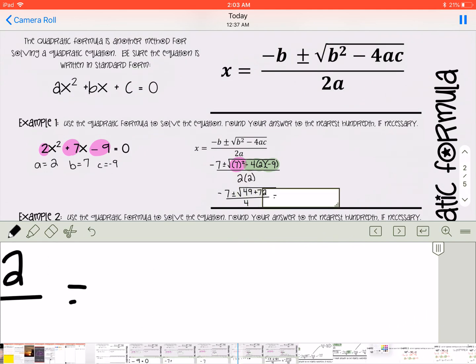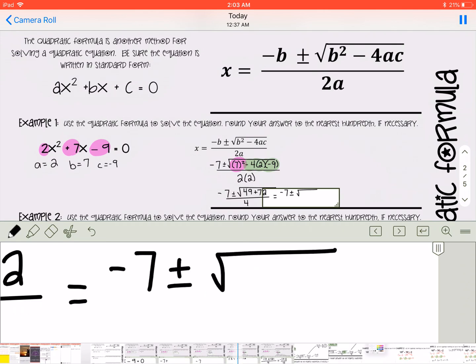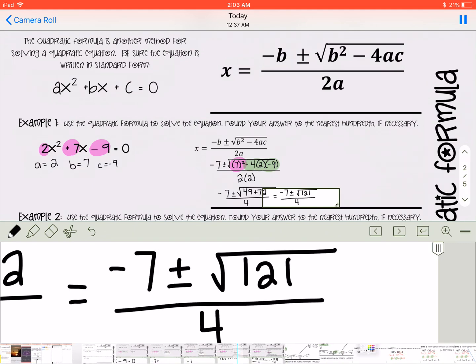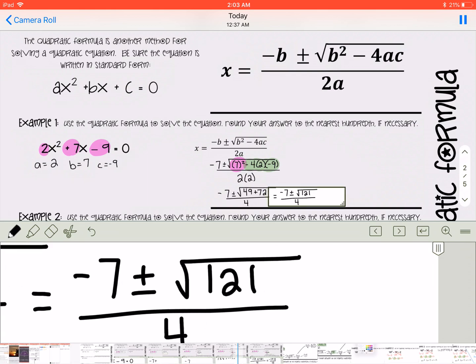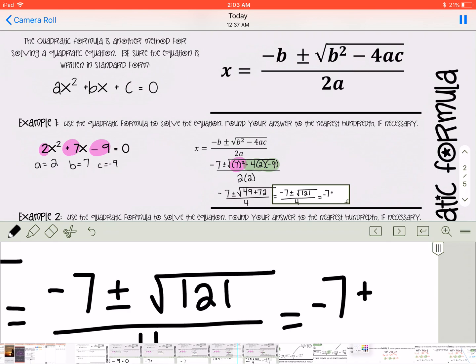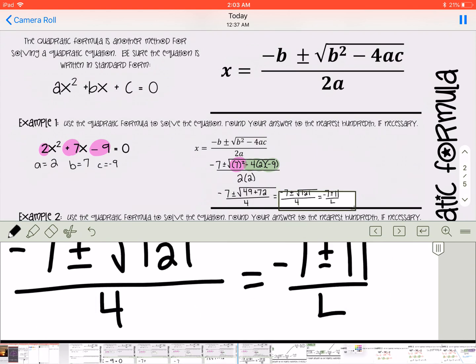And that would be the same as negative 7 plus or minus the square root of 49 plus 72 would be 121 all over 4. And this is the part where I guess I realized since I could get the square root of this first, so this would be the same as negative 7 plus or minus the square root of 121 is 11 all over 4.